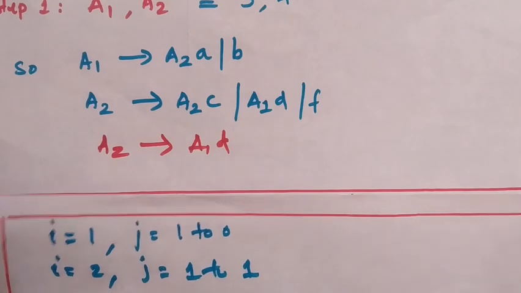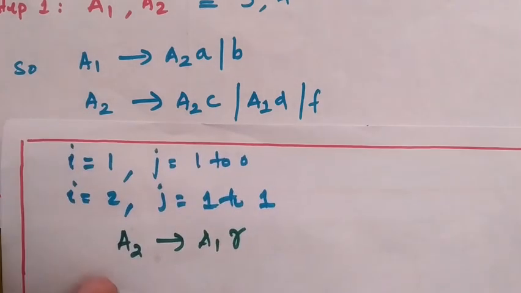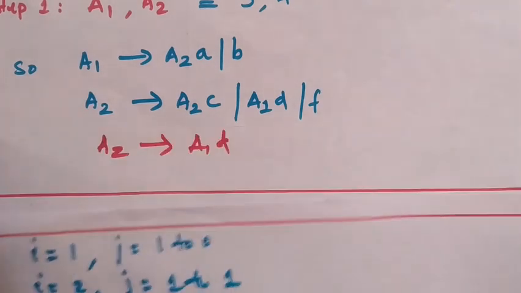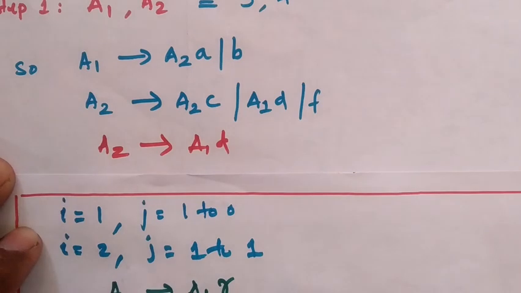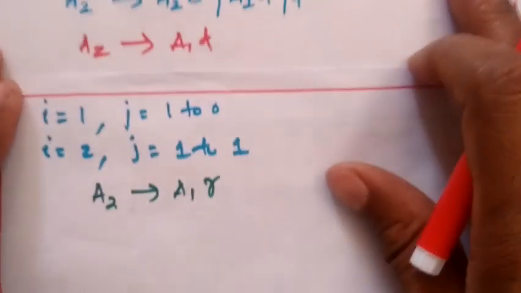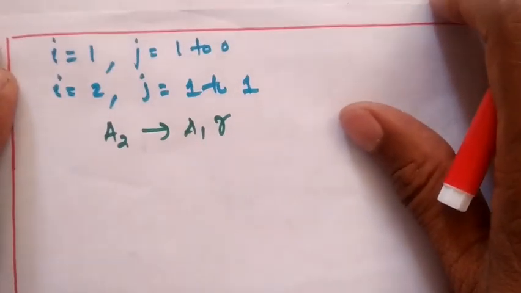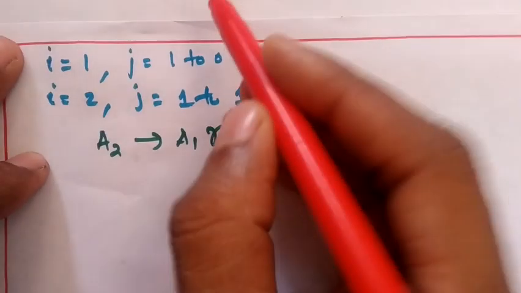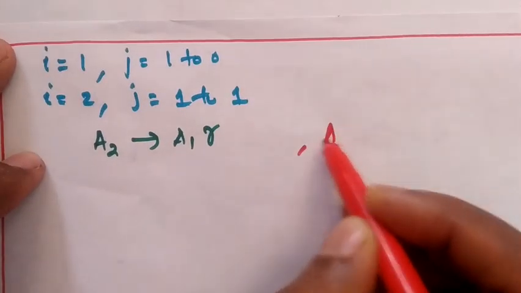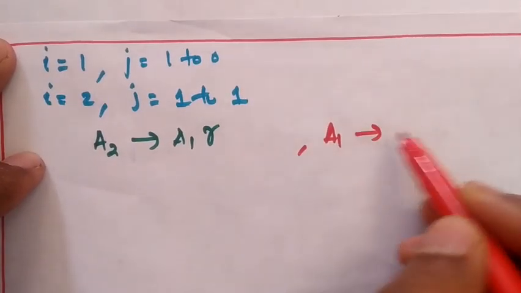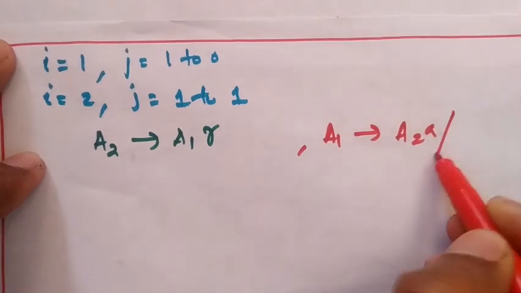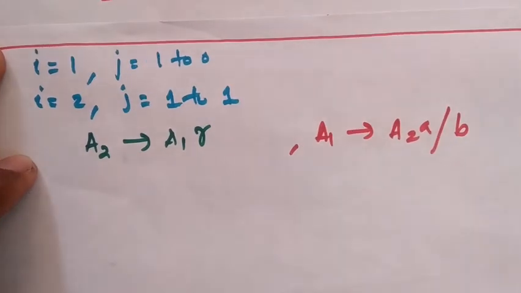So that satisfies this condition, A2 gives A1 gamma. Then we will replace it: first we find the A1 productions. A1 productions are A2A or B. These are the two A1 productions.